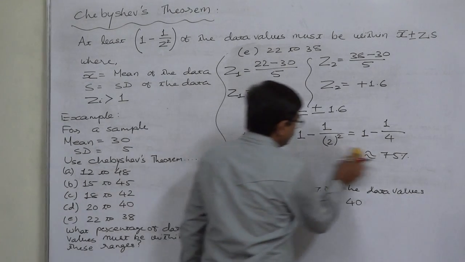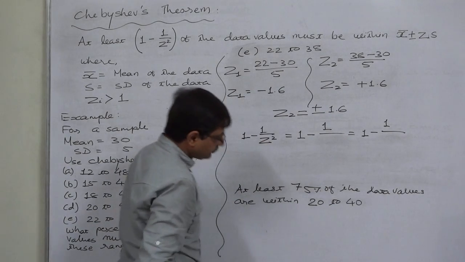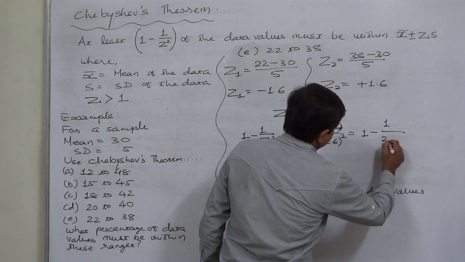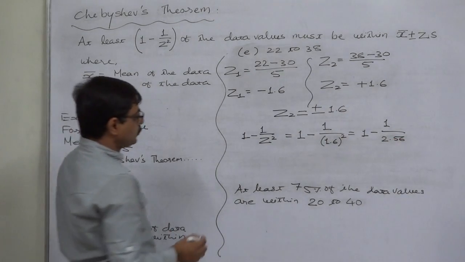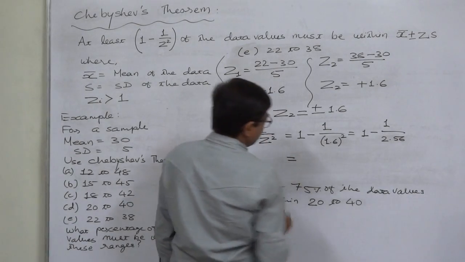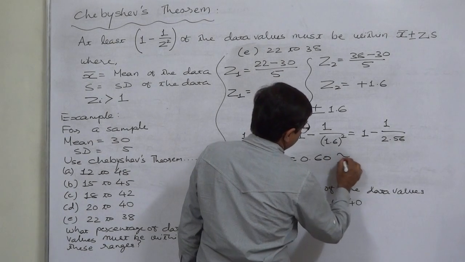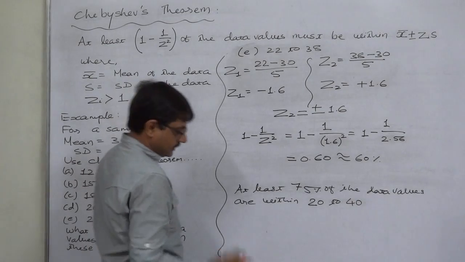Now let us substitute 1.6 into the formula. 1.6 square is 2.56. 1 minus 1 upon 2.56 is 0.60. That means approximately 60%.